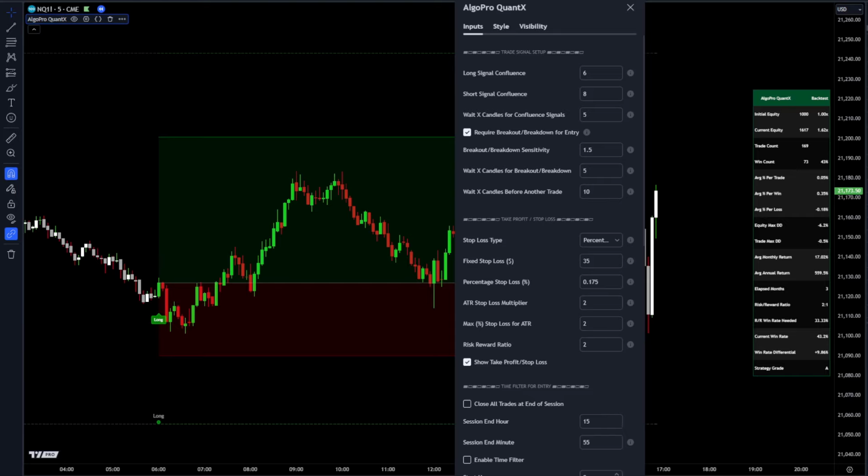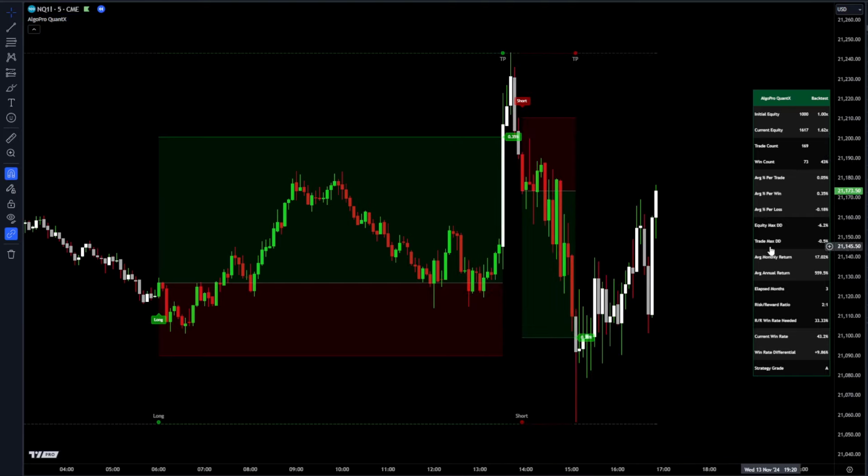Now heading back down to look at our dashboard here, this really gives you some valuable info. But really the main thing with this type of trading strategy, risk reward is everything. Win rate really does not mean anything. And most traders look for win rates of 60, 70, 80%. But unless you know how much you're risking per trade, your win rate really doesn't mean anything.